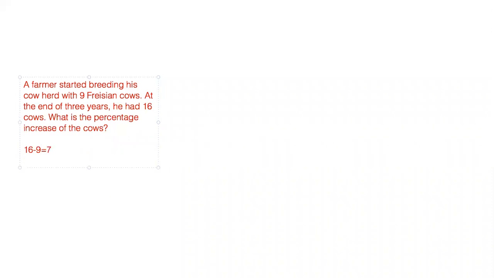We want to find the percentage increase, so we're going to use our formula: the increase divided by the initial number, which is going to be 7 divided by 9.